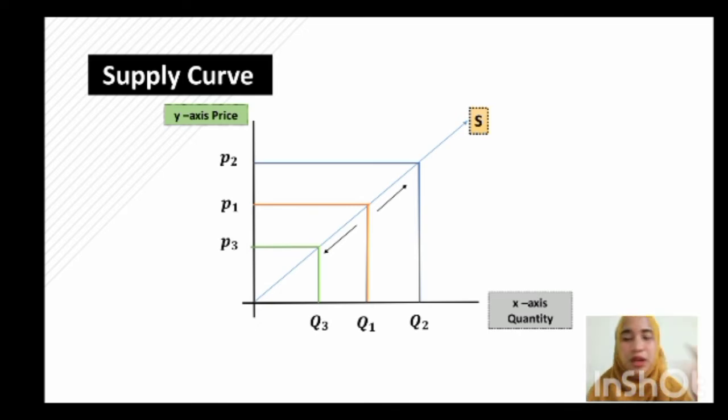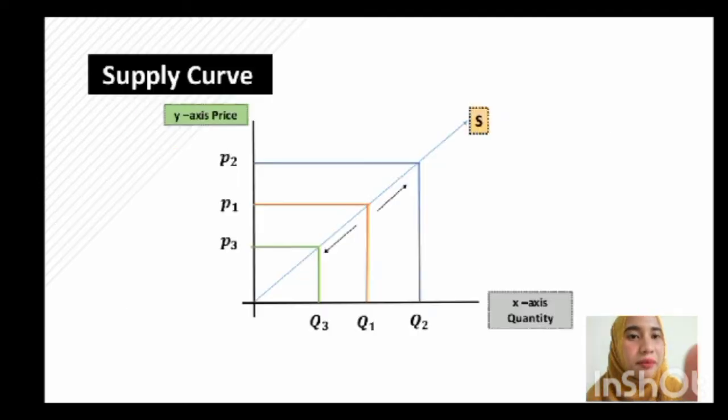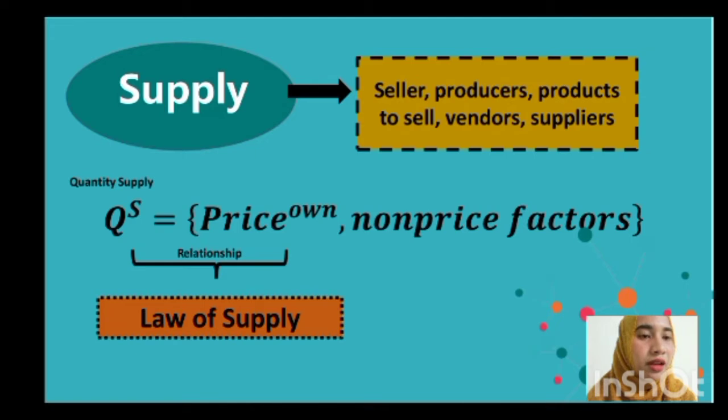So we have here the four non-price factors. We talked earlier about the non-price factors being unchanging, they do not change whether the price goes up or down. But what if this one is not constant, or this one will change?